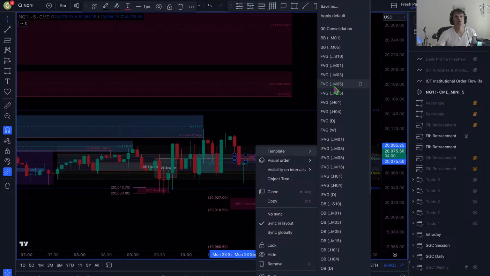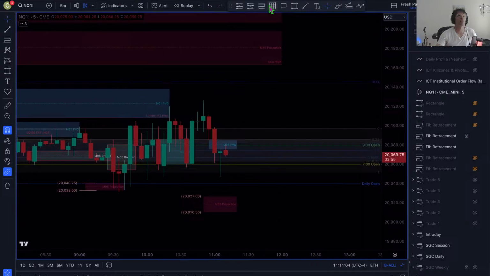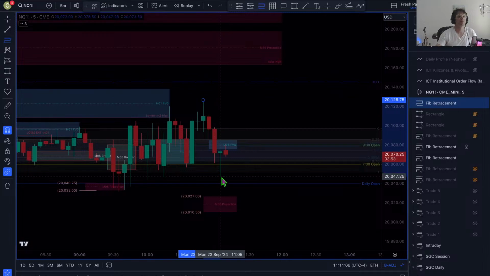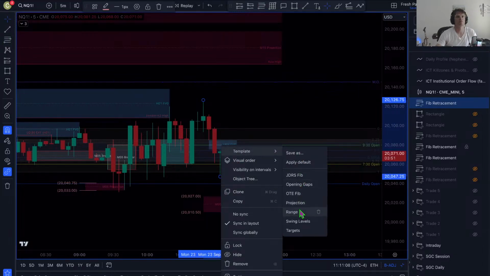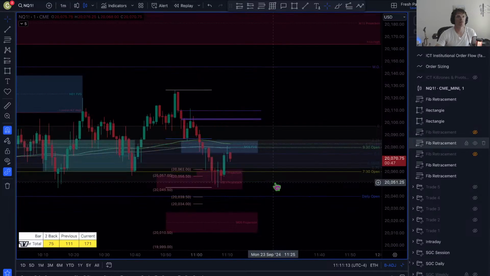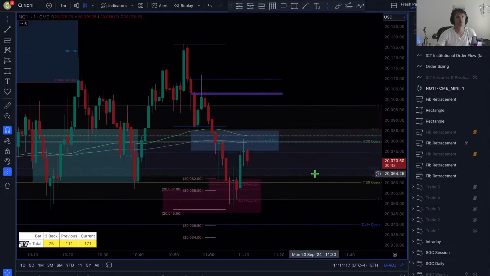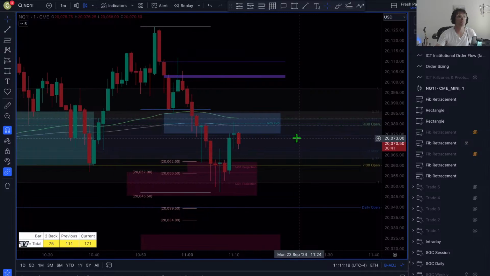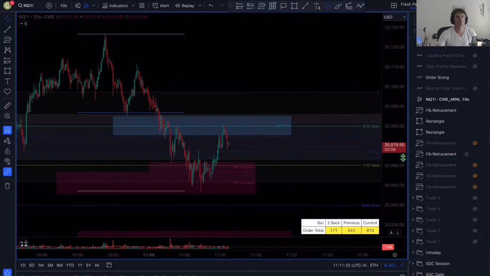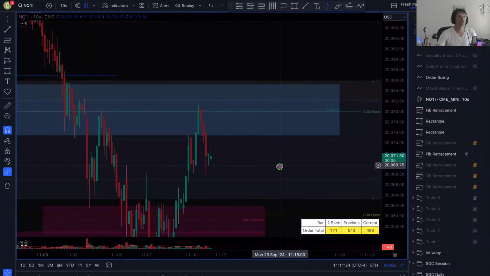So if you were to trade the shorts, this is not a bad spot to trade it from. And that's also 9:30 open I just wicked off of. You did get a liquidation of the M1 and the 9:30.